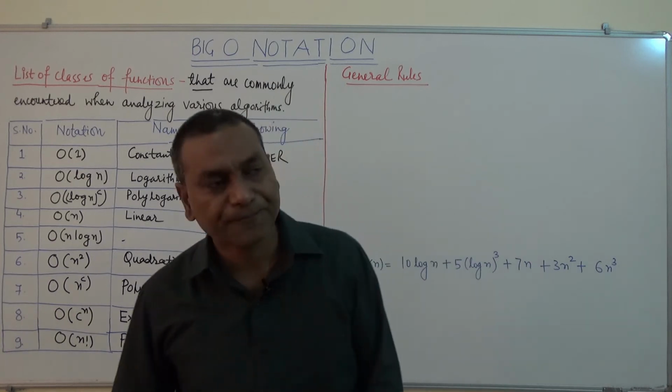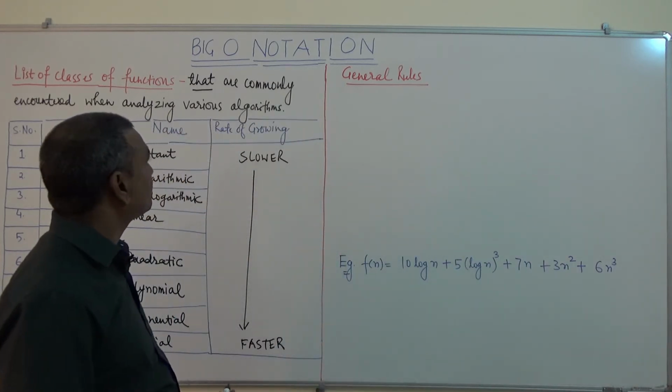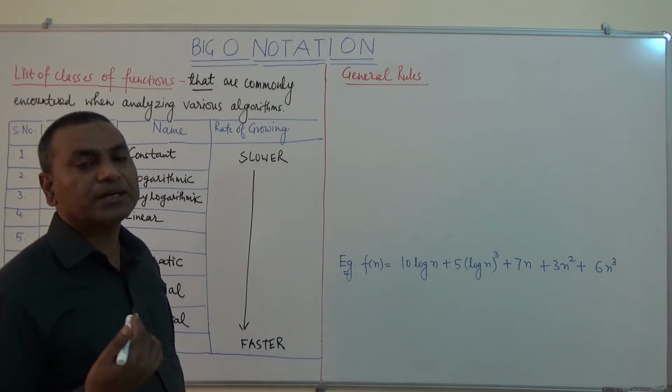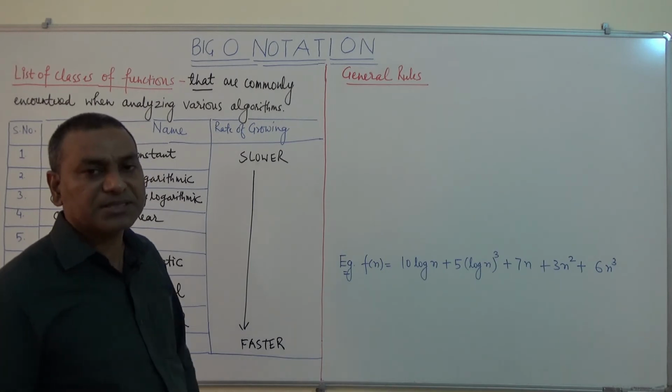Now we will see the general rules of big O notation, meaning how we calculate the running time complexity on the basis of two very basic rules.